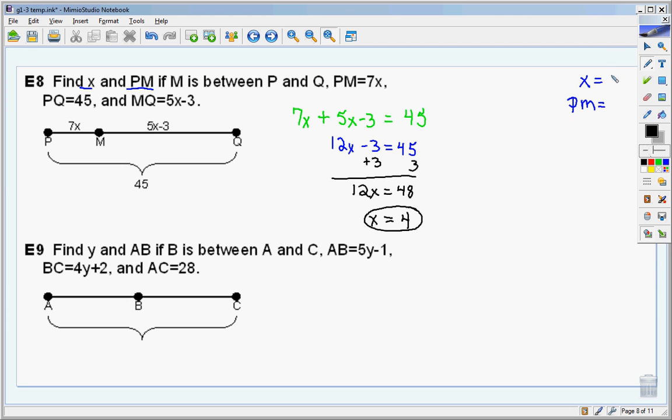So if I know x is 4, and PM was equal to 7x, what can I put in place of this x? 4. So I'm going to take 7 times 4, which is 28. So there are my two answers that they asked me to find. X is 4 and PM is 28.